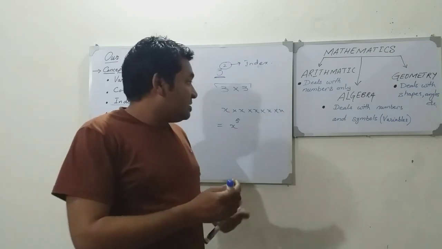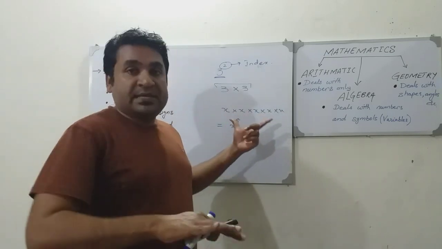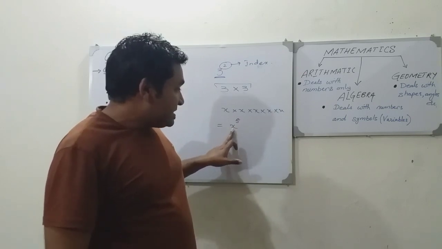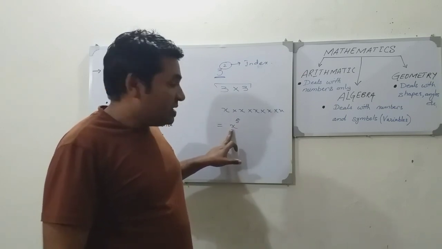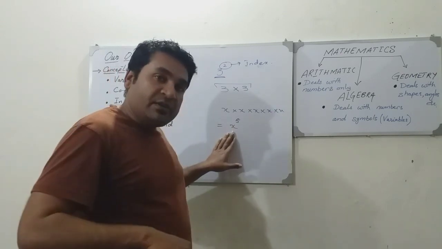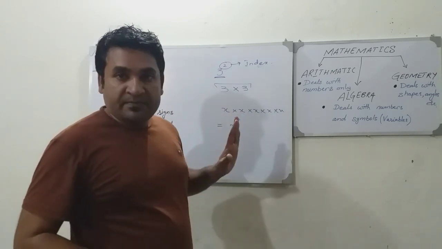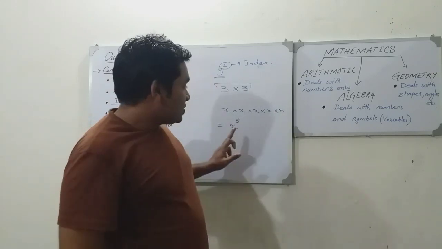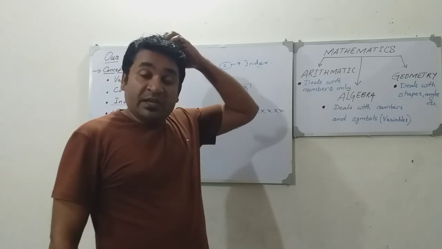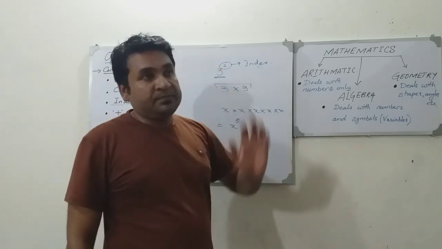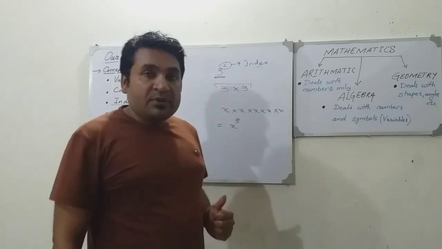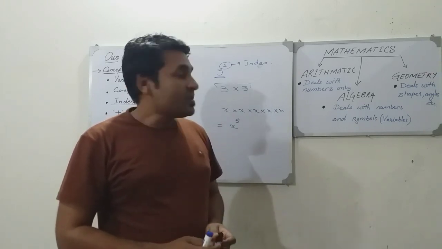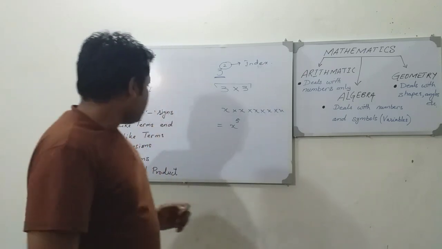How many times? 5 times. There are 5 x's which are multiplying with each other. So we write them as x raised to the power 5. The concept of index, we will learn it in my upcoming lessons as well. So till now it's enough.